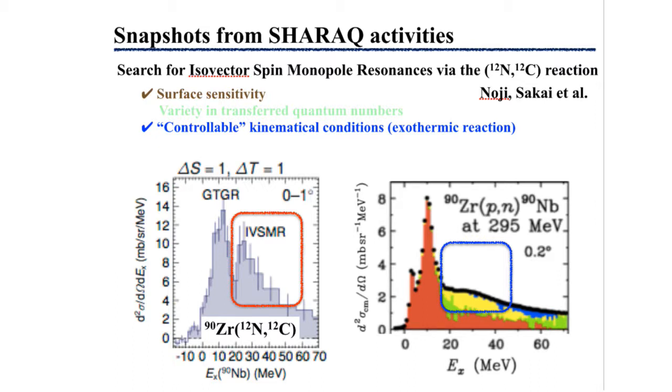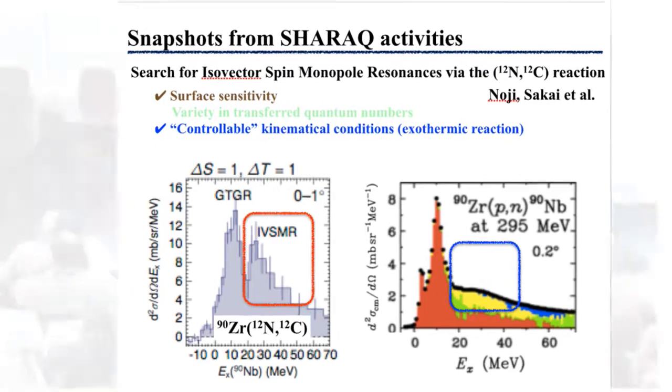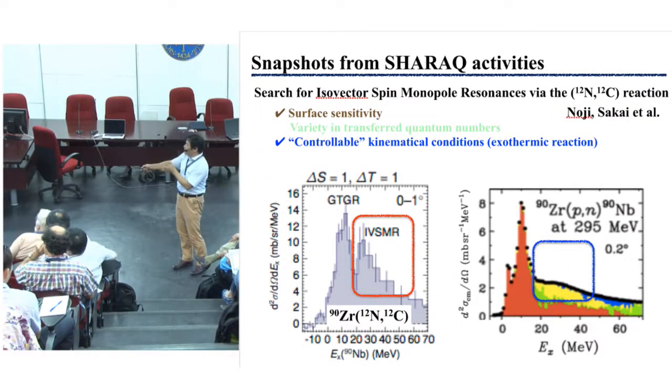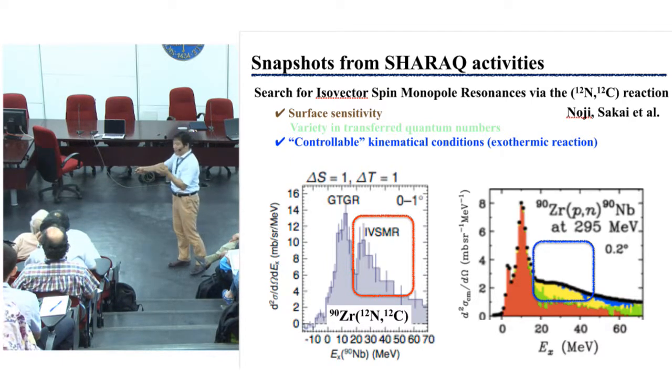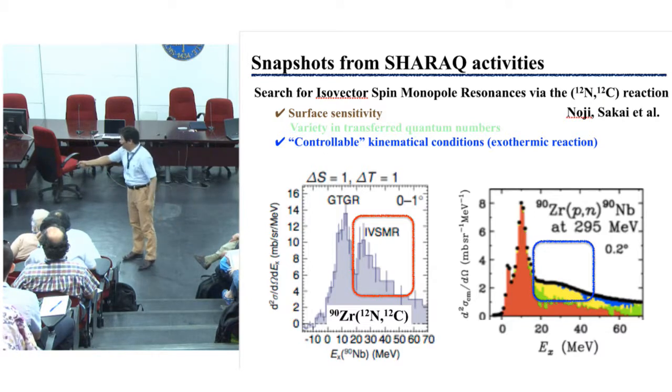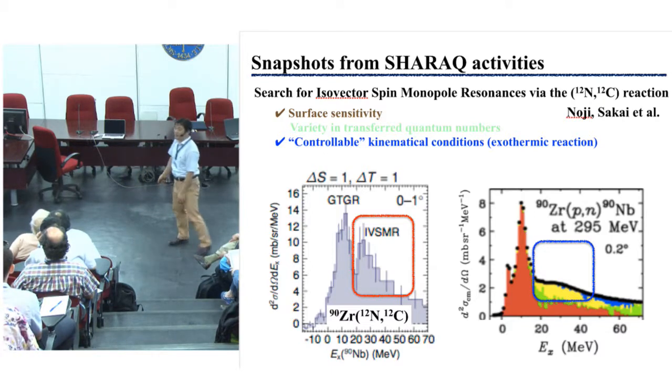This is the zirconium-90 (N-12, C-12) reaction spectrum, and you can find, in addition to the Gamow-Teller giant resonance, a beautiful peak originating from the isovector spin monopole resonance, which is completely missing in the (p,n) reaction. This is due to this surface sensitivity and the kinematical region, the exothermicity of the reaction.